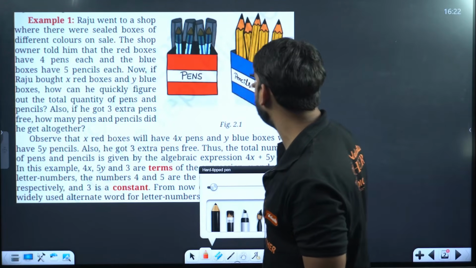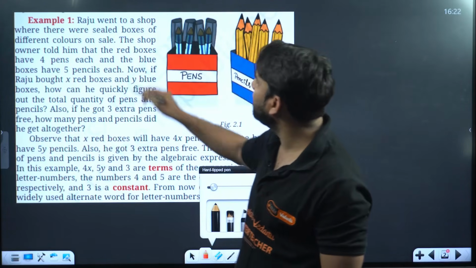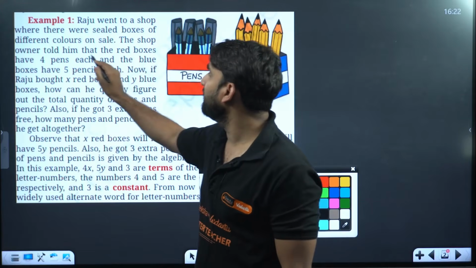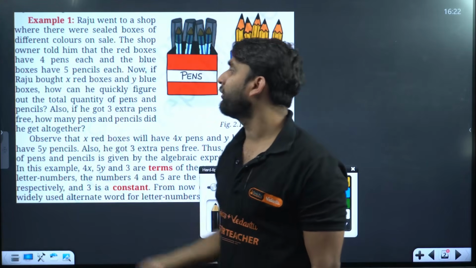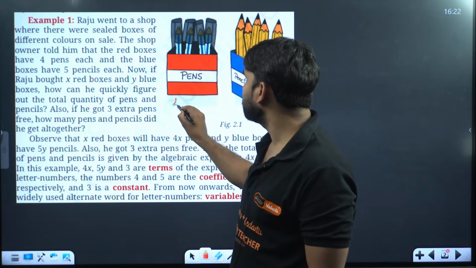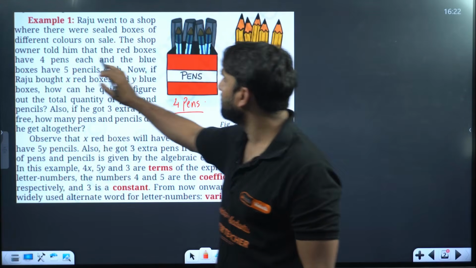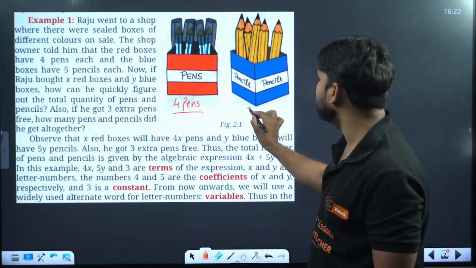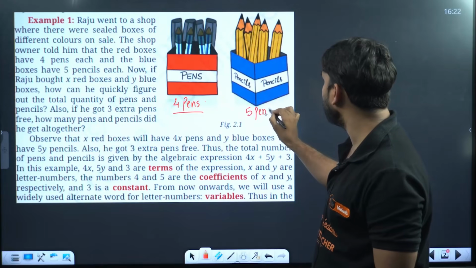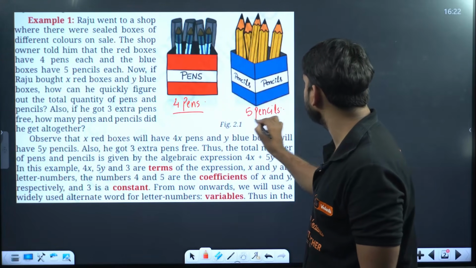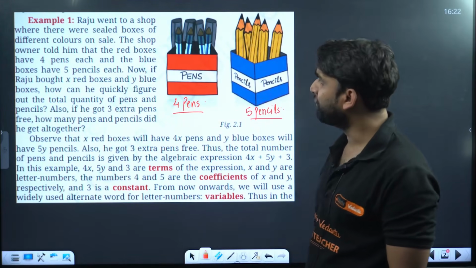So this is red color and this is blue color. Let's read ahead. The shop owner told him that the red boxes have 4 pens. The red boxes have how many pens, champions? 4 pens, and the blue boxes have 5 pencils. So in this box 5 pencils are there, and here 4 pens.